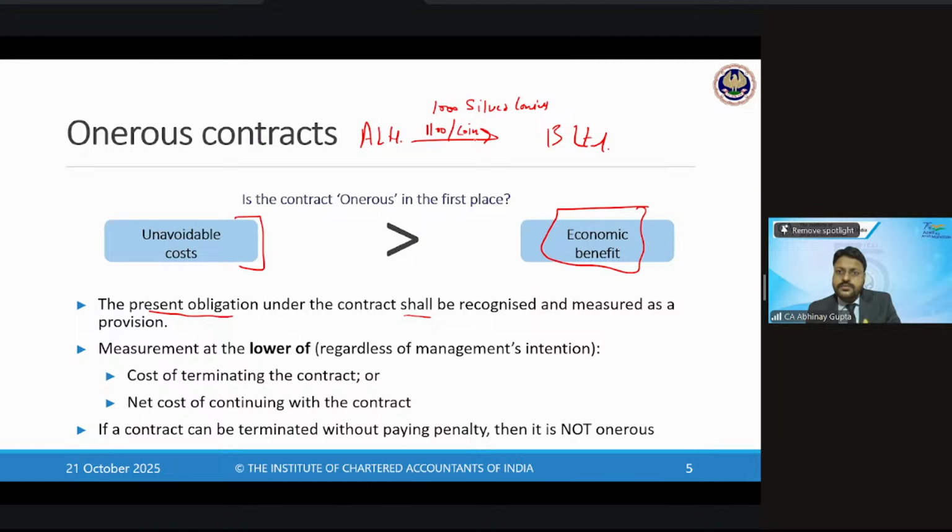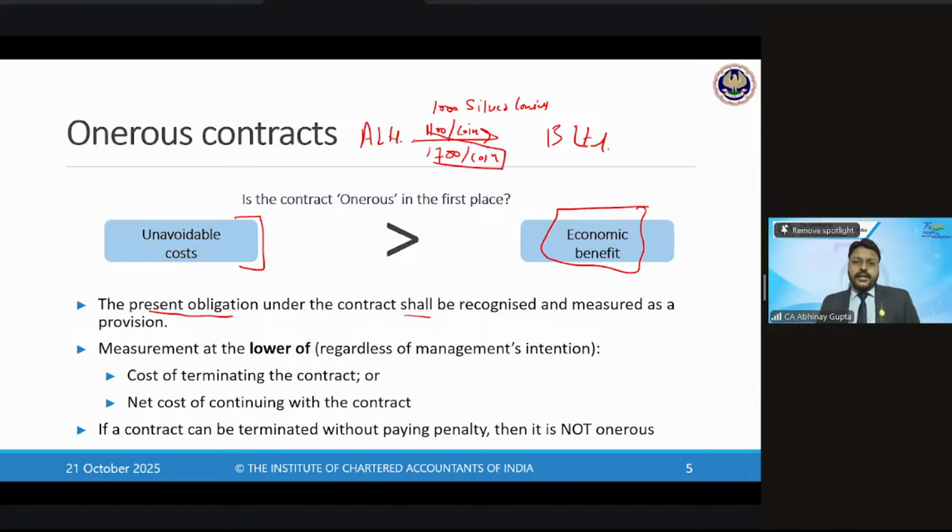Suppose this was the contract. But by the time the contract would have been fulfilled, silver prices rose sharply, and now it is costing, say, 1700 per coin, for example.